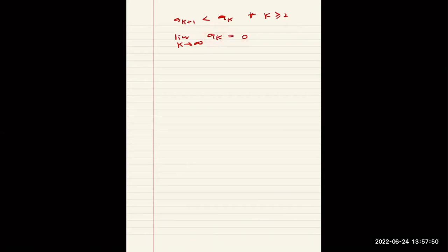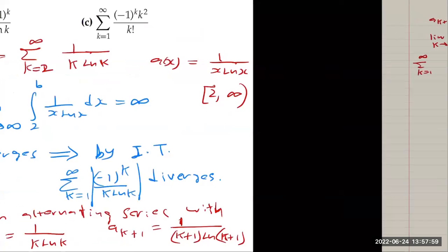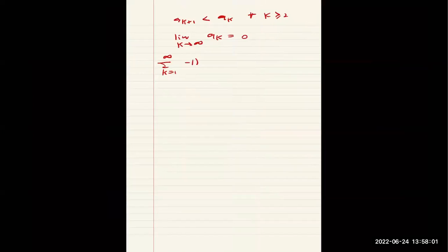So that means we can apply the alternating series test, and we conclude that sigma k goes from 1 to infinity of (-1)^k divided by k times ln k converges by the alternating series test.